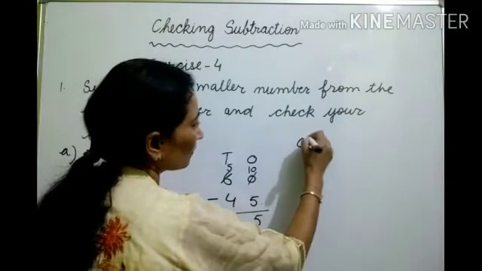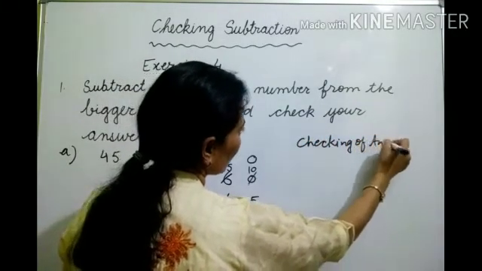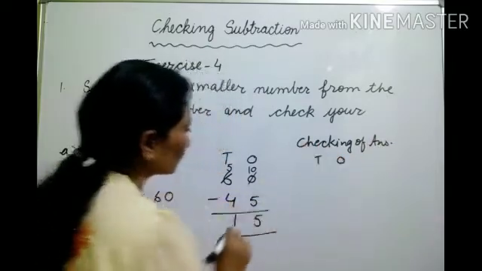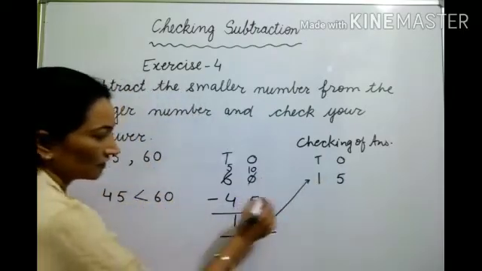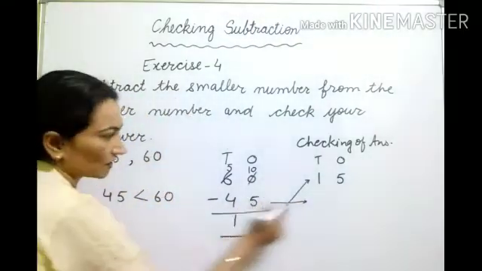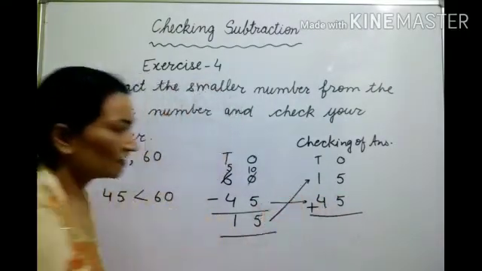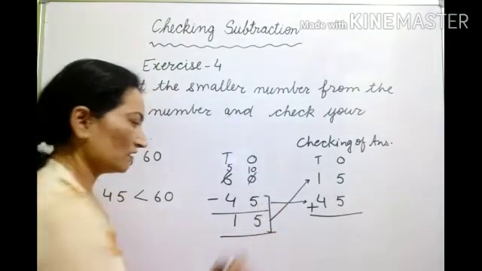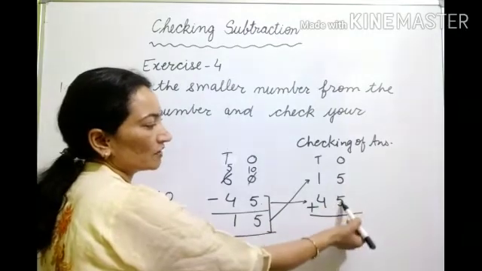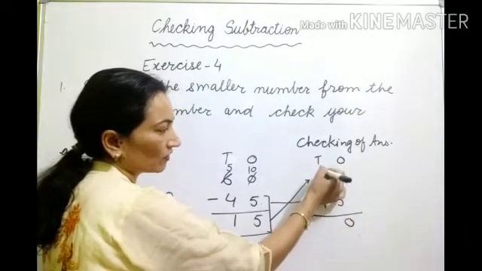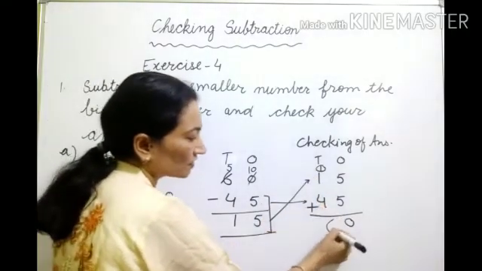Now for checking of answer, first we write the column, write the difference which is 15, and write the number which we subtract, 45. Now we will add these two numbers, 15 and 45. 5 plus 5, 10. 1 will go carry. 1 plus 1, 2. 2 plus 4, 6.